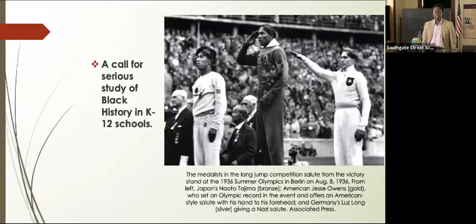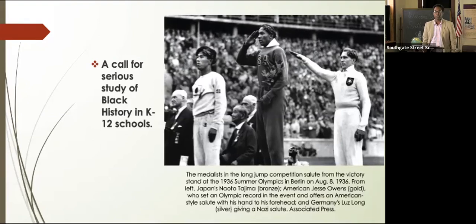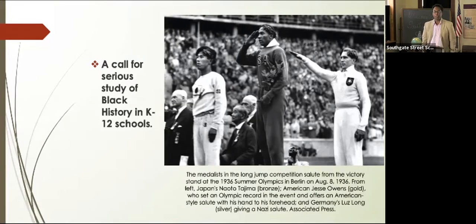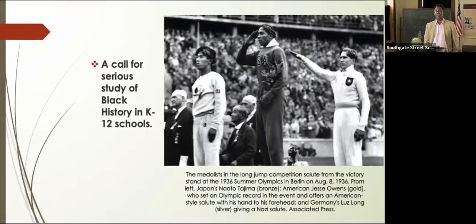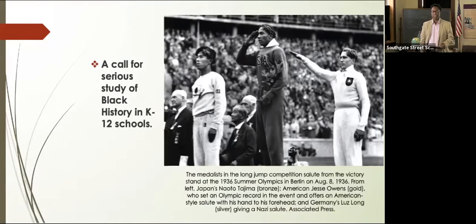In the middle, you see the American Jesse Owens, the gold medalist, who set an Olympic record in the event and offered an American-style salute with his hand to his forehead. And interestingly enough, on my right, you see Germany's Lutz Long, a silver medalist, giving a Nazi salute. That's an example of an analysis you could do of this particular image, and this goes beyond just what we normally study. Next slide.